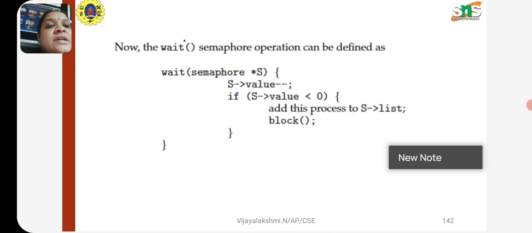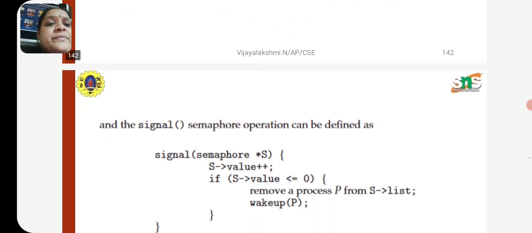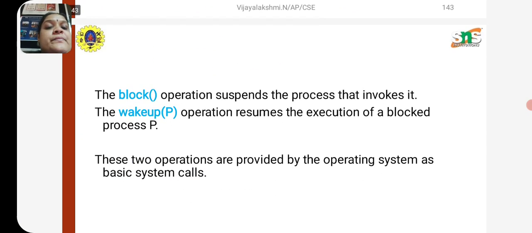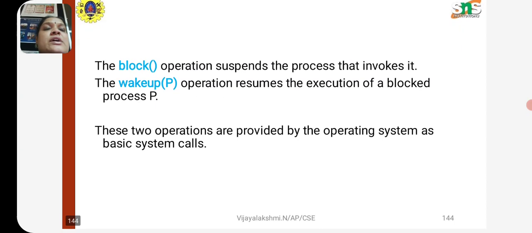And if you are using release, if the current running process has completed its work and wants to release the resource, it can be counted as value plus plus. So this is the signal operation. And the block operation will suspend the process that invokes it, and wakeup resumes the execution of a blocked process.